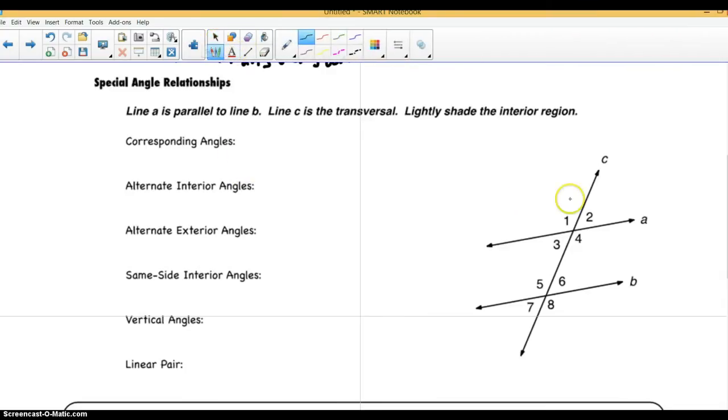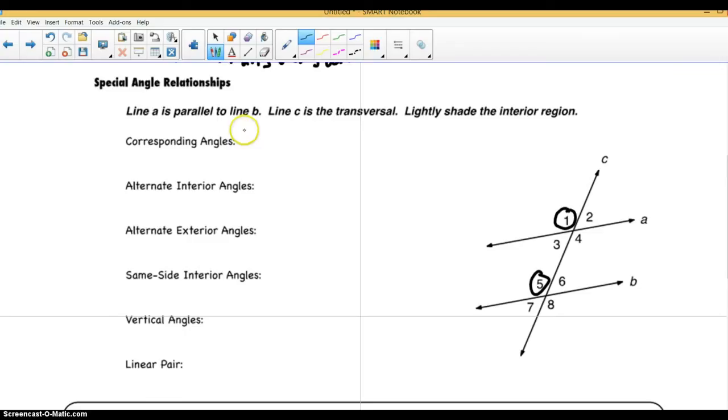And corresponding angles, they are angles that are on the same side of their lines. So angle 5 is on line B, angle 1 is on line A, and both angles are on the same side of the transversal. So 1 and 5 are corresponding angles.